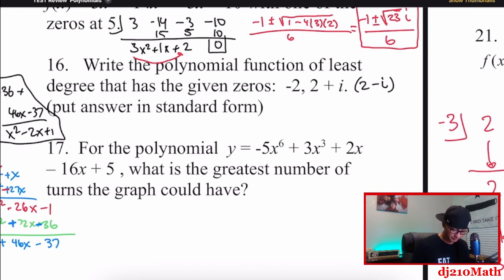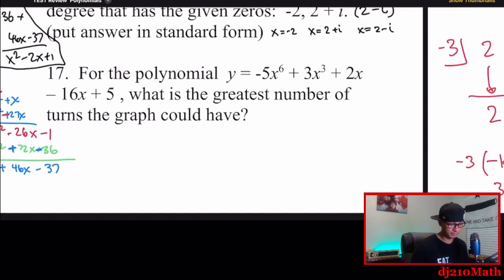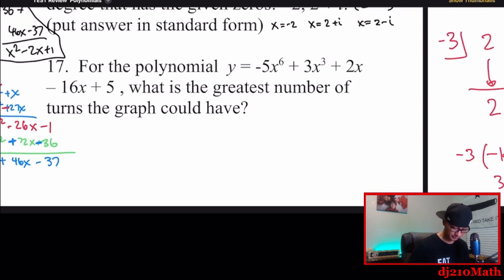So this is going to be x is equal to negative 2, x is equal to 2 plus i, and x is equal to 2 minus i. If I want to combine these, I'll work over here.